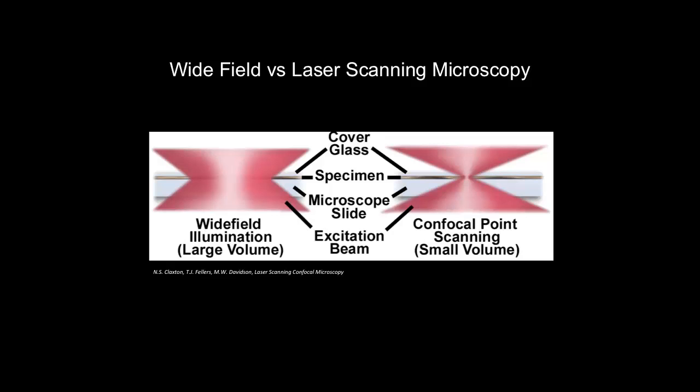While in this technique, we get an image of the focal point, and then to construct a 2D image, we need a scanning mechanism to scan in the X and Y directions, to scan this focal point across the specimen, and then we collect the signal with sensitive detectors, usually photomultiplier tubes.